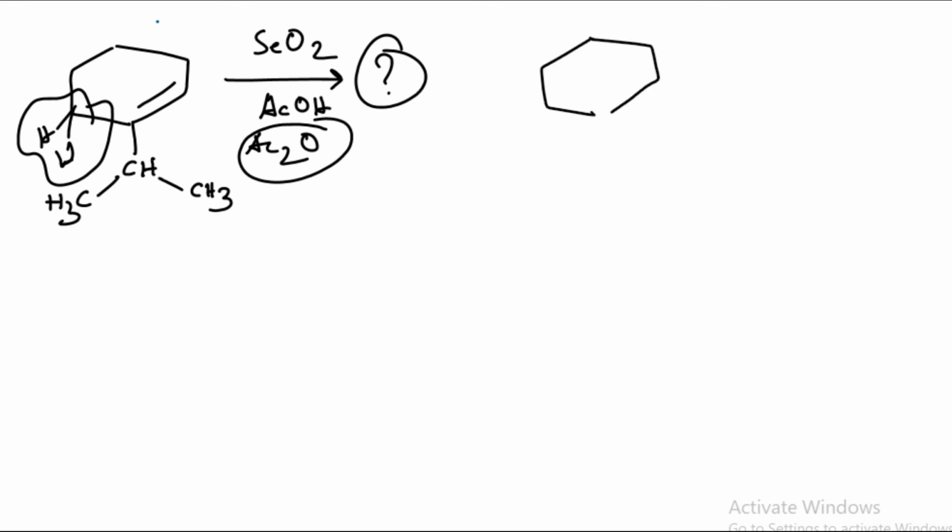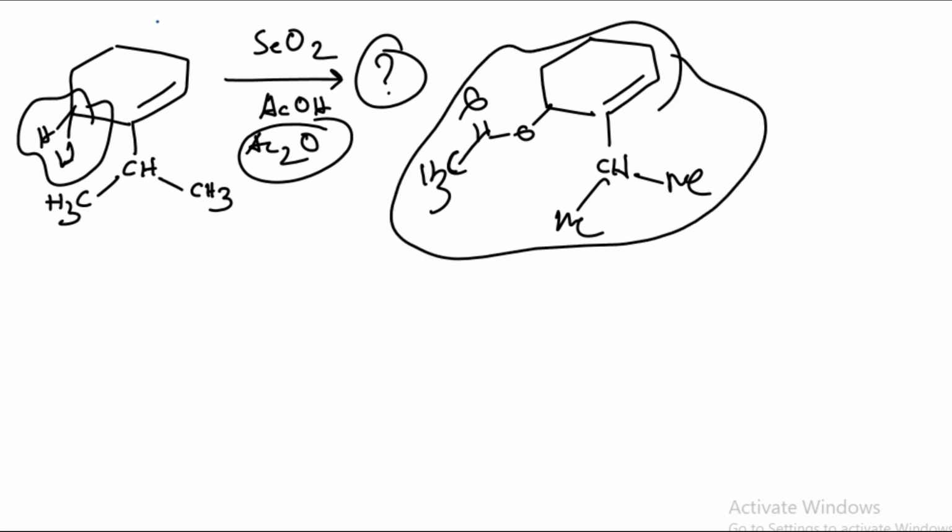So what you get, but in presence of acetic anhydride this will be acylated. So actually this will be the product. You have to keep in mind the reagent very carefully. Okay, there is anhydride, so the forming OH group will be acylated.